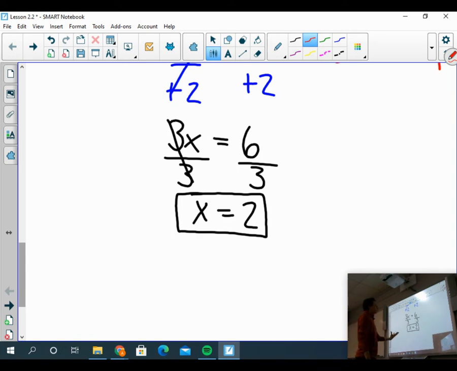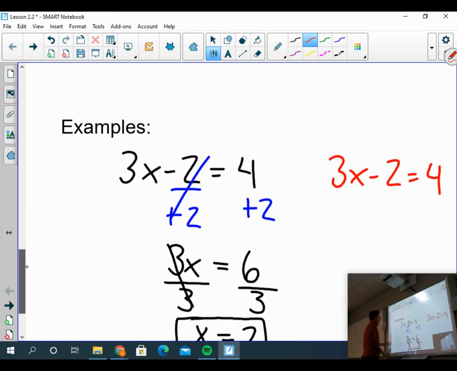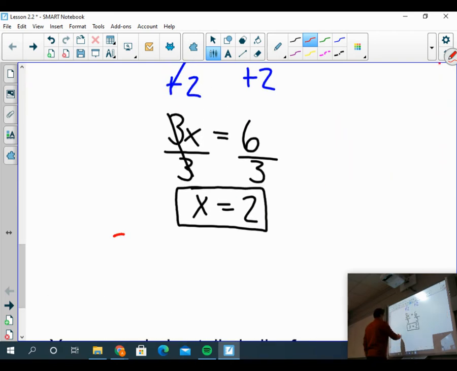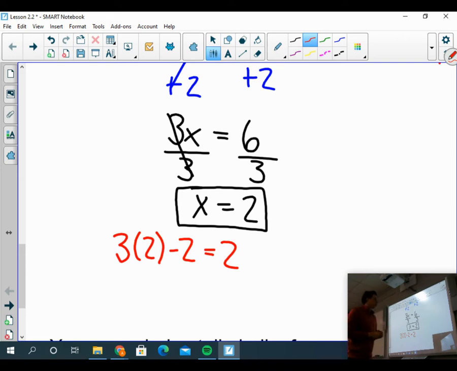Well, it's an equation, so both sides should be equal. And so if I'm articulating here that x is equal to 2, then if I plug 2 in for x into the original equation, I should, again, end up with a true equation, 2 sides that are equal to each other.